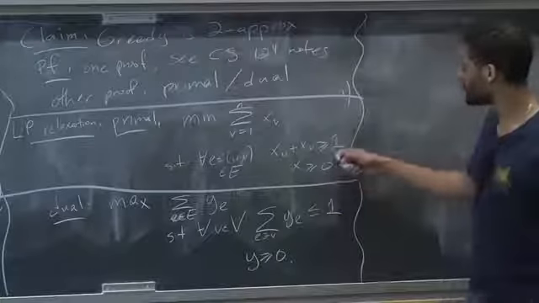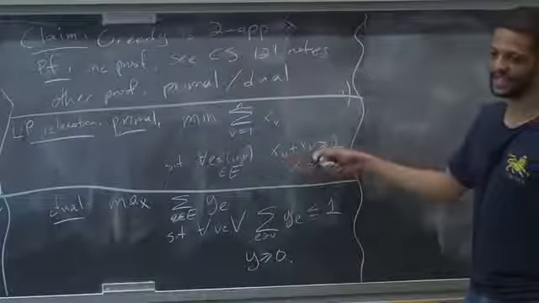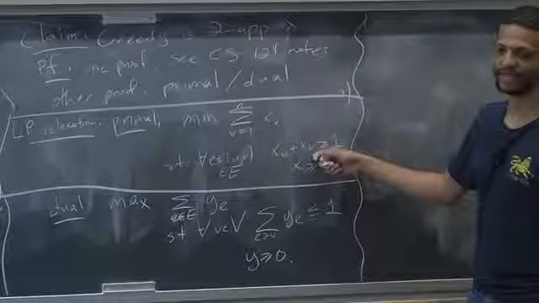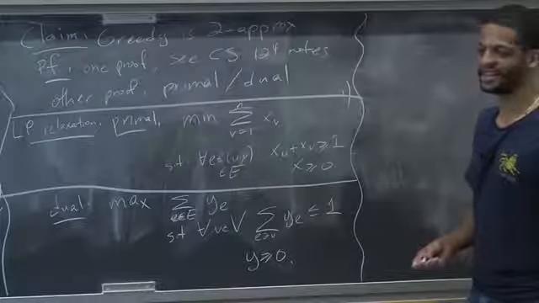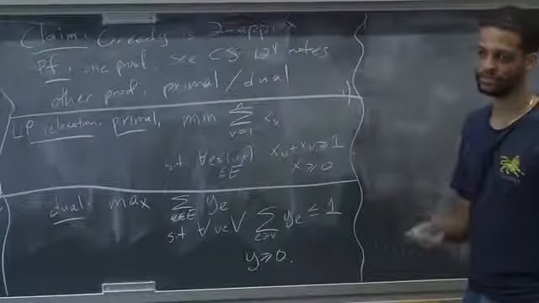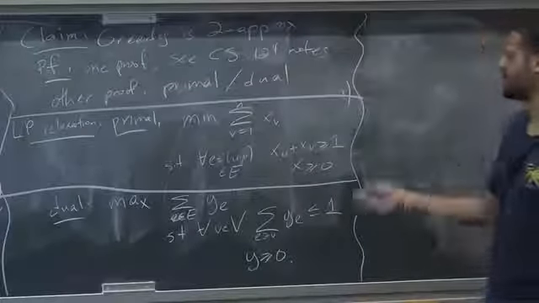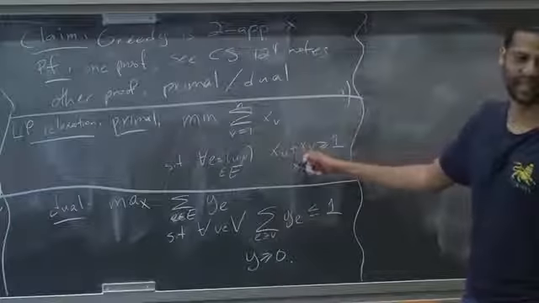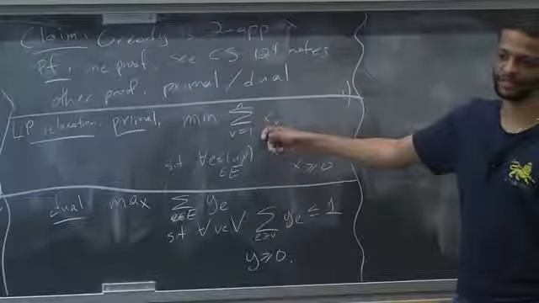For every one of these inequalities, either x_u is at least a half or x_v is at least a half. So I'll pick whichever one is at least a half and put it into my set. You've now at most doubled x_v, so you've at most doubled the cost of the solution.